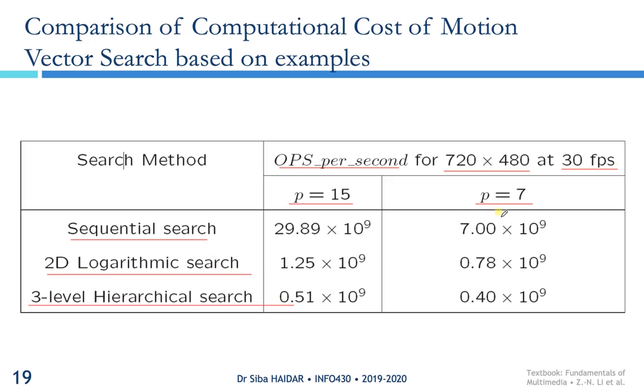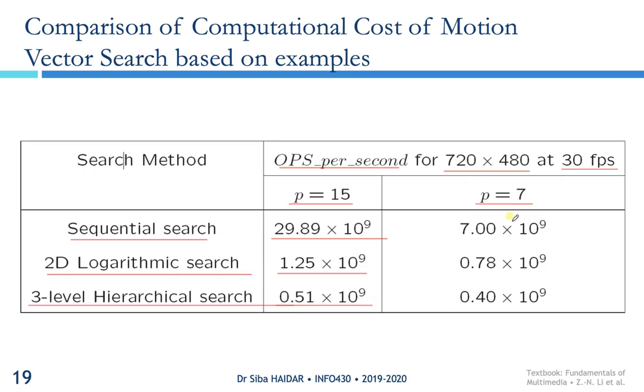For this video, how many operations per second did I have to accomplish if I use sequential search? It is 30 times 10 to the power 9. If I use 2D logarithmic search, 1 times 10 to the power 9, I reduced the number of operations by 30. And if I use the third technique, which is the 3-level hierarchical search, it is half 10 to the power 9. So this is 60 times less.